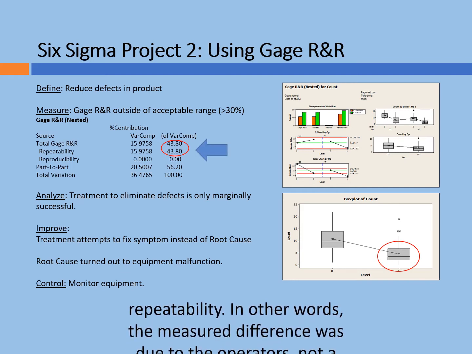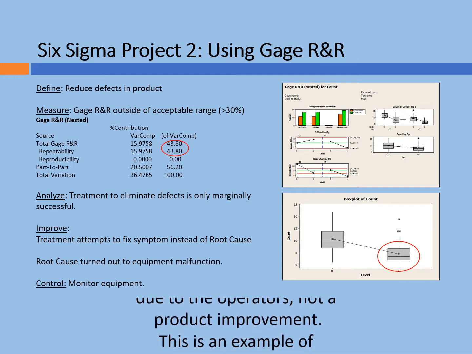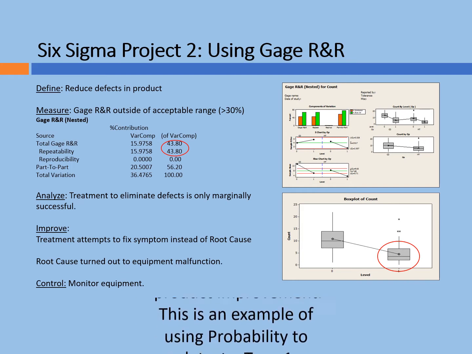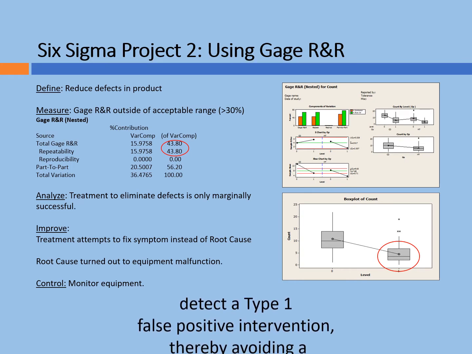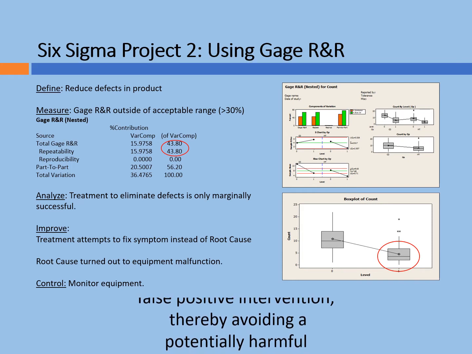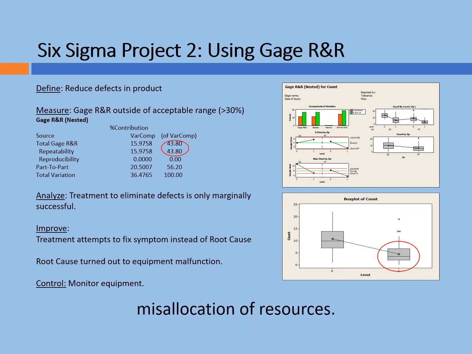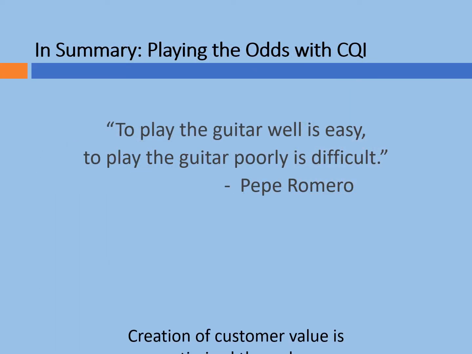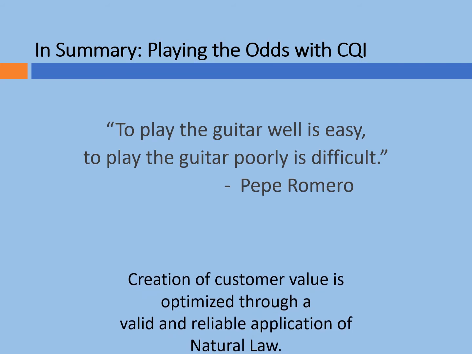In other words, the measured difference was due to the operators, not a product improvement. This is an example of using probability to detect a type 1 false positive intervention, thereby avoiding a potentially harmful misallocation of resources. Creation of customer value is optimized through a valid and reliable application of natural law.